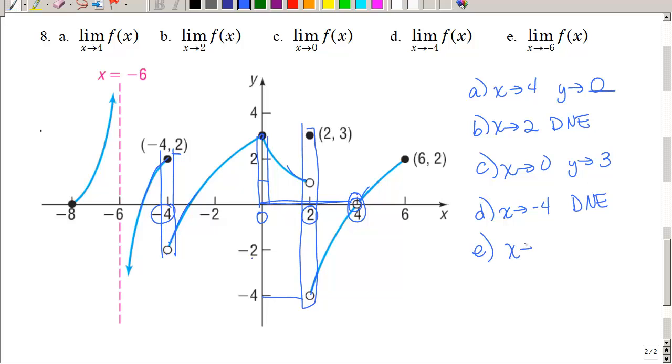And the last one, as x approaches -6, where we have an asymptote, and that's okay to have an asymptote, but it's going up toward positive infinity on the left and down on the right. That's a huge mismatch. That does not exist. So again, finding limits from a graph is very easy, but if you can look at the graph when you do the algebra next semester, hopefully it'll be a little bit easier.